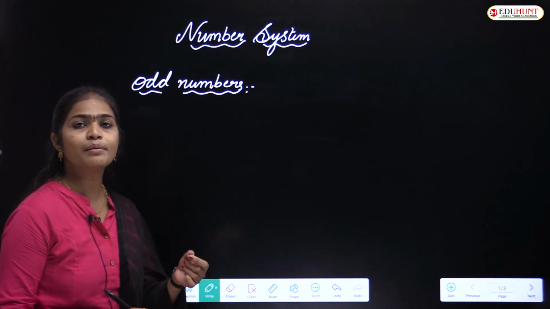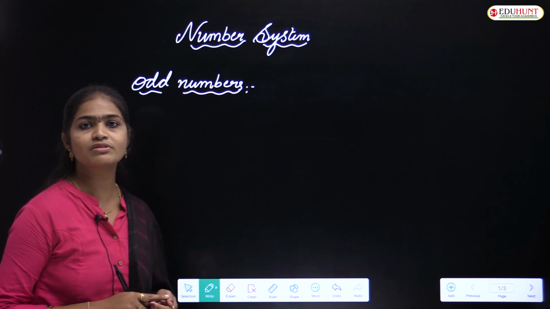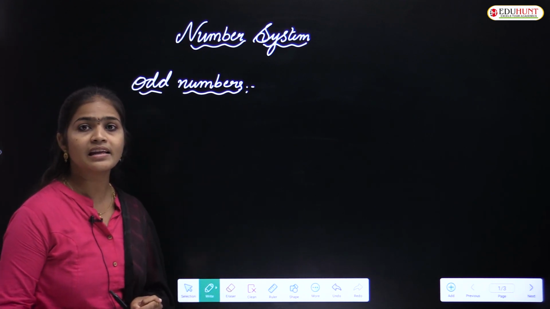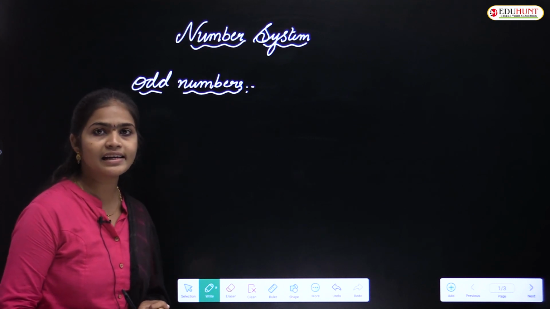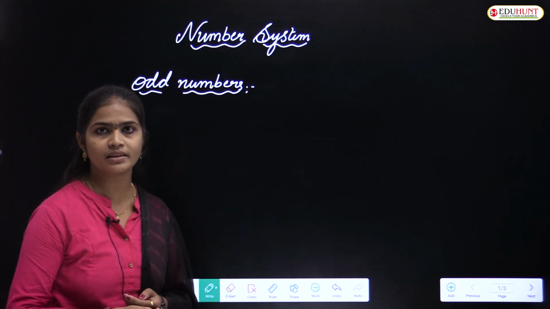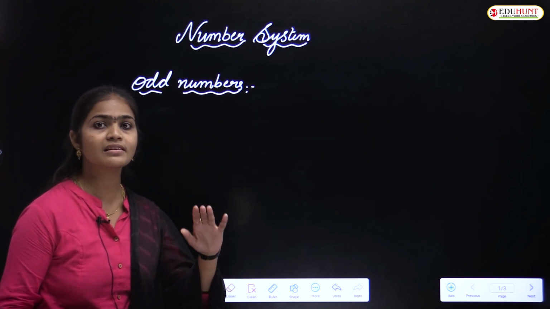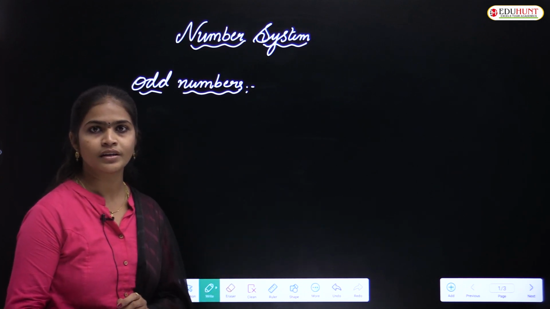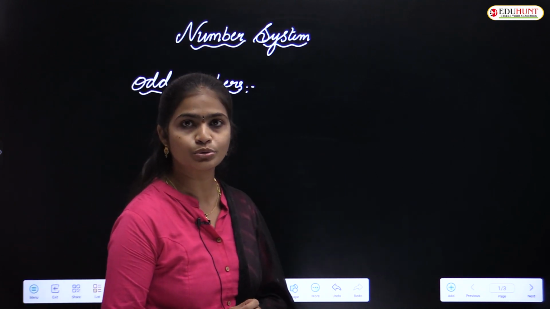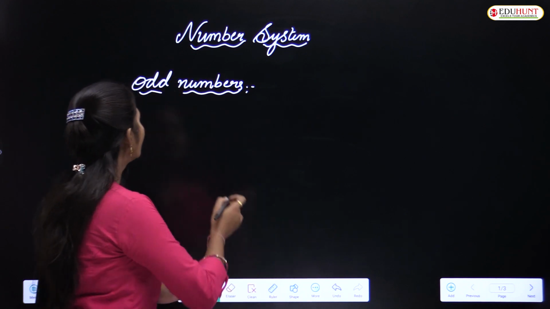The numbers which are not exactly divisible by 2, those numbers are known as odd numbers. Not exactly divisible by 2 means the remainder is something; exactly divisible means the remainder should be 0.